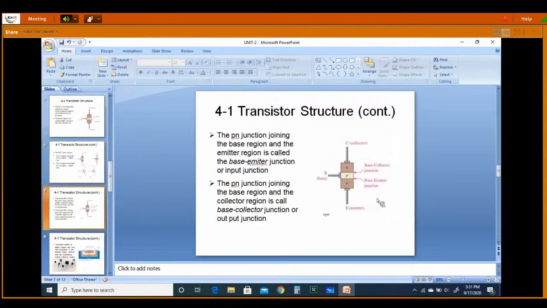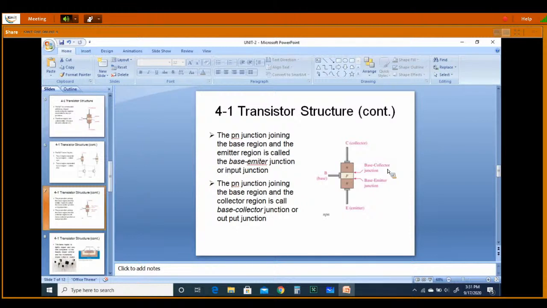Now the PN junction joining the base region and the emitter region, this is your base region and emitter region. The junction joining these two regions we call the base emitter junction. And the PN junction joining the base region and the collector region, we call the base collector junction.